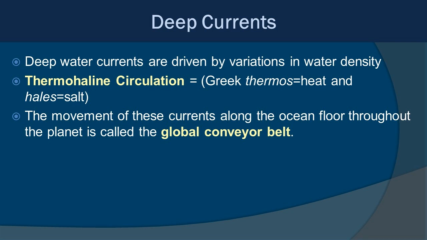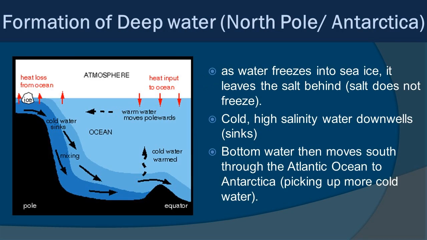Now we can actually tie all this together into what we call the global conveyor belt, which is going to make a little bit more sense in a few minutes. However, this dictates the movement of water through the entire global ocean. So let's start with the formation of the deep water in the North Pole and the Antarctica region.